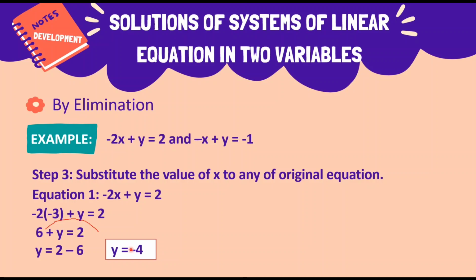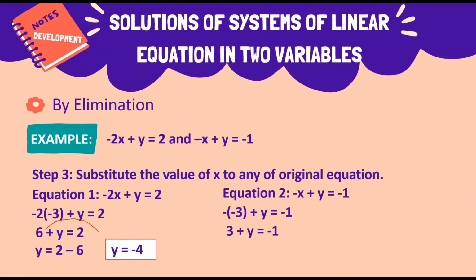Okay. Let us see if we substitute it in equation 2. Negative x plus y is equal to negative 1. Again, what is the value of our x? Okay, definitely we have negative 3. We have negative times negative 3, I substitute it here, plus y is equal to negative 1. Negative times negative 3, we have 3 plus y is equal to negative 1.